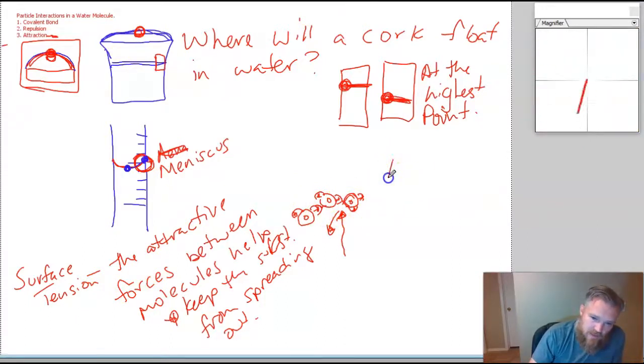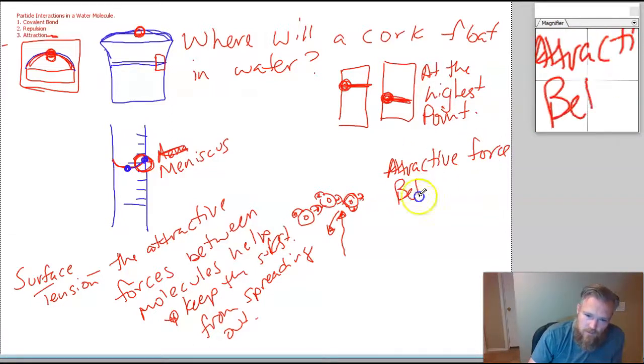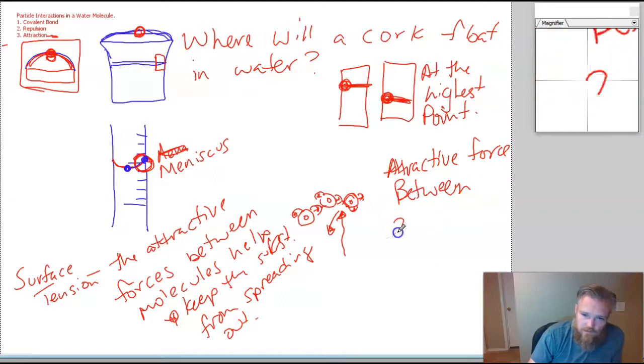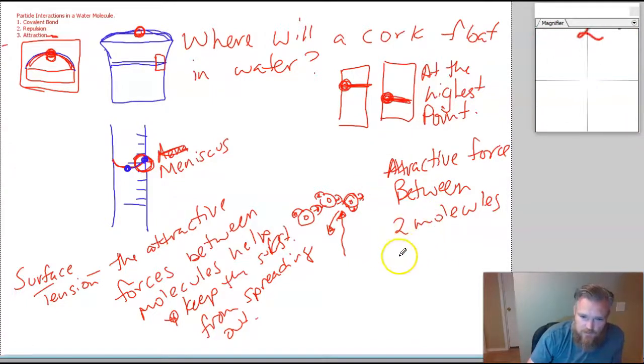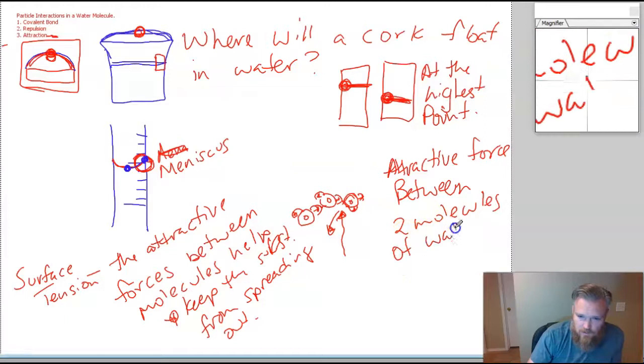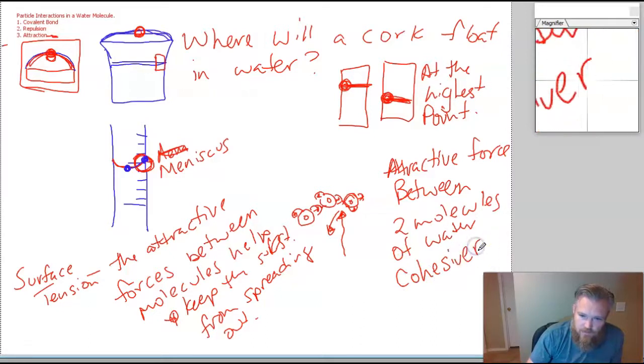So if that attractive force is between two molecules of water, that is called a cohesive force.